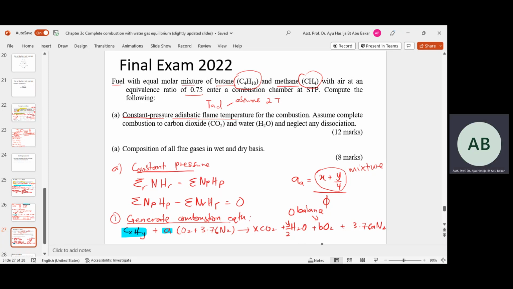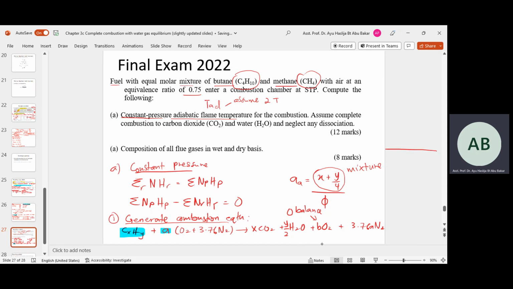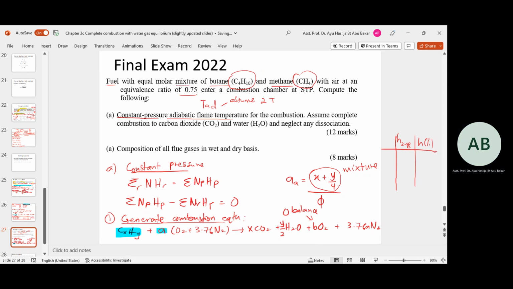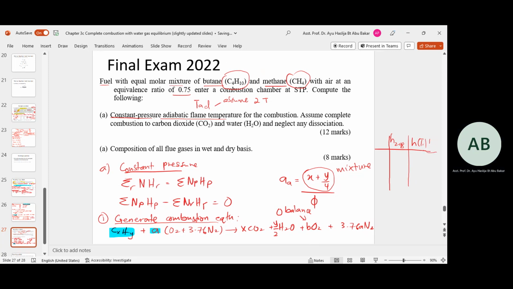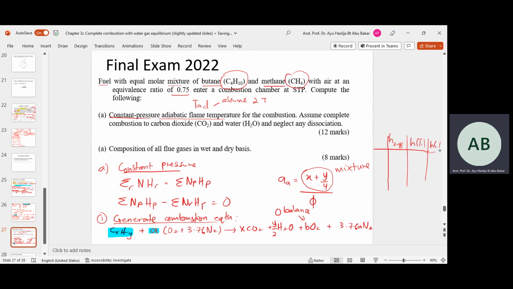Okay, then after that, you will need to find the what? The info of the enthalpy at 298, H at T adiabatic 1, H at T adiabatic 2.